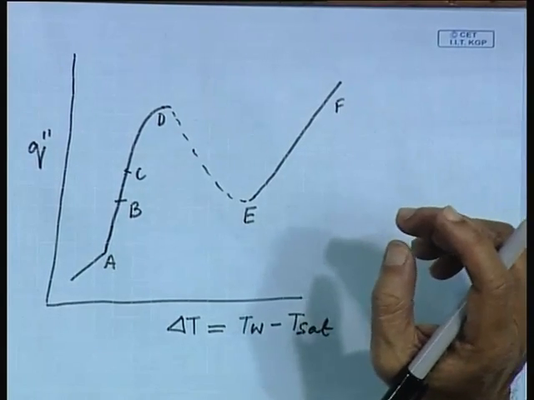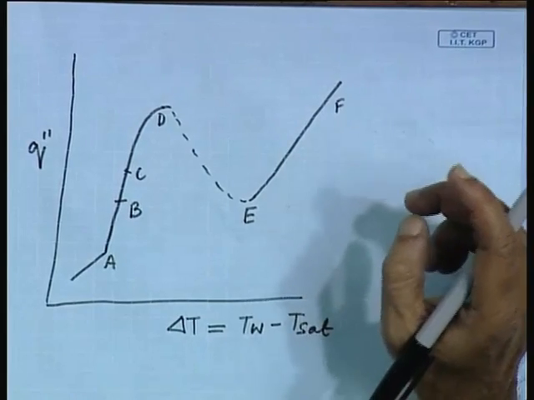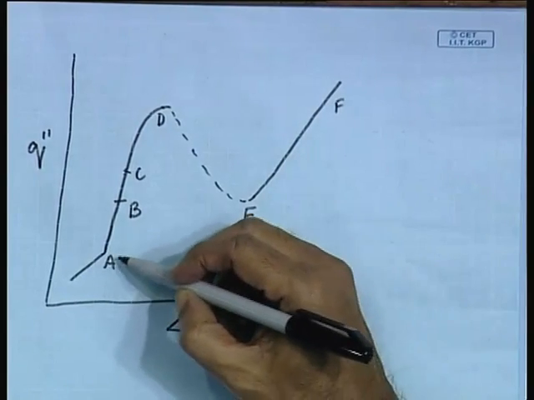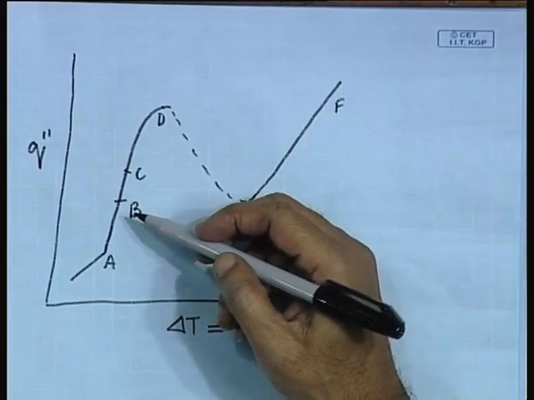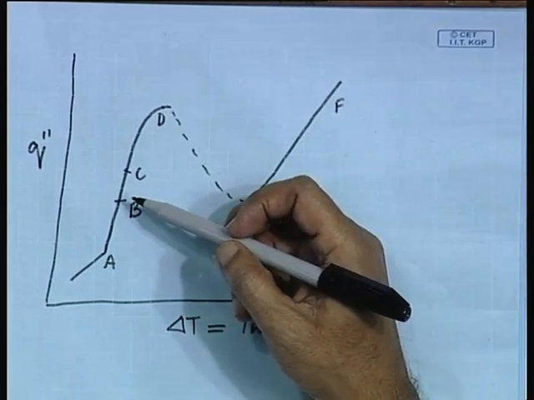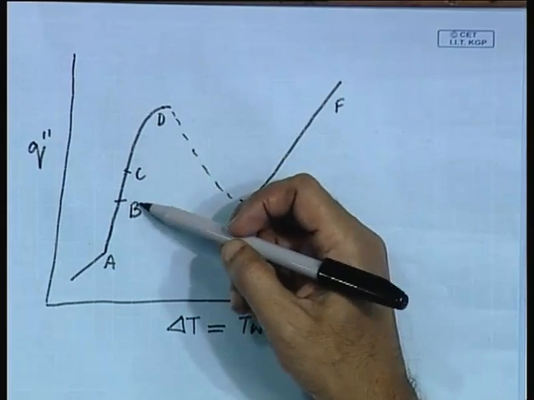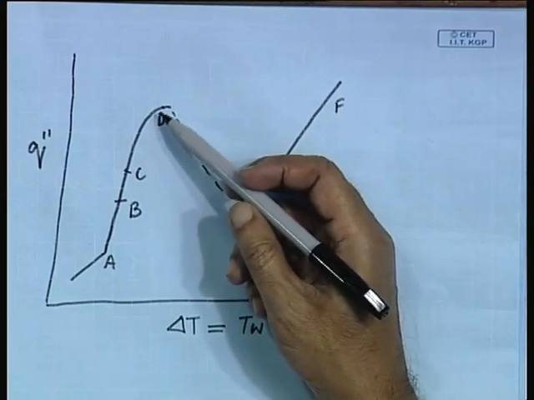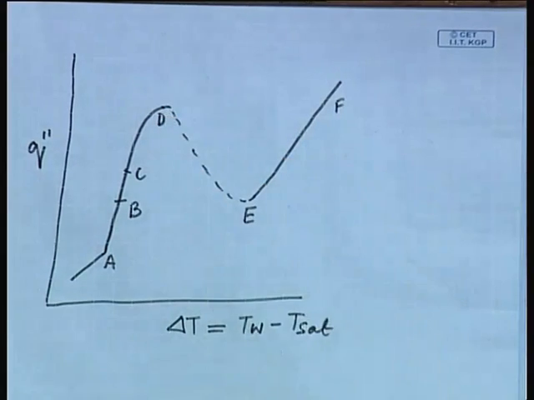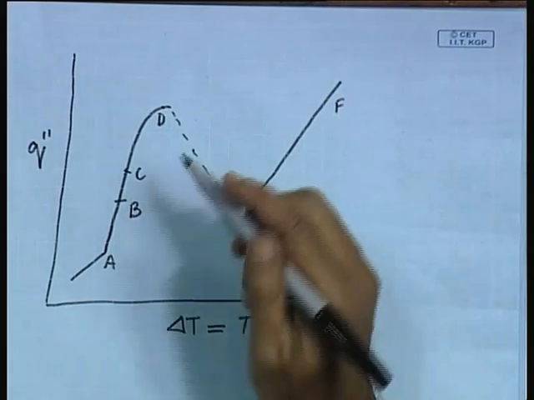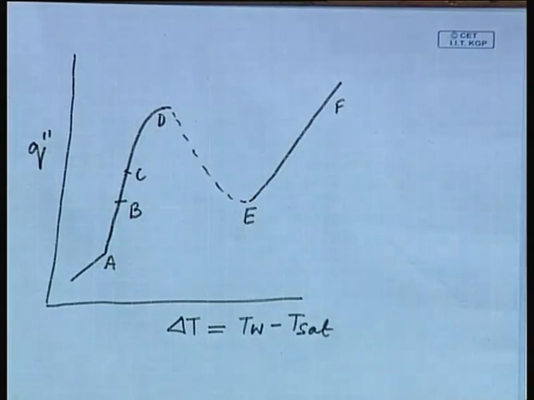So, basically we can have some sort of models from A to B, then probably the mechanism will be different from B to D. D is the critical heat flux region, and people have postulated different mechanisms of heat transfer for point D. D to E is the transition boiling region.